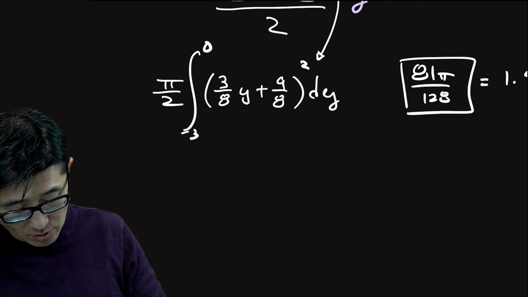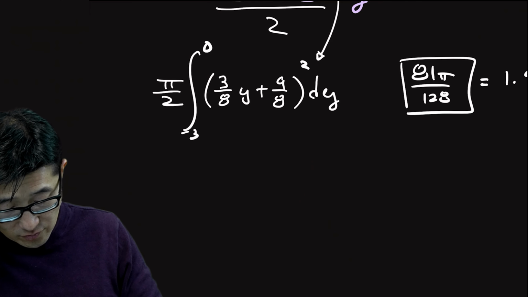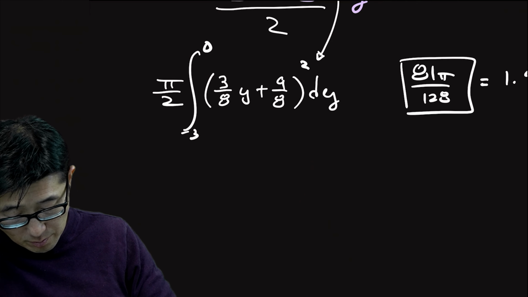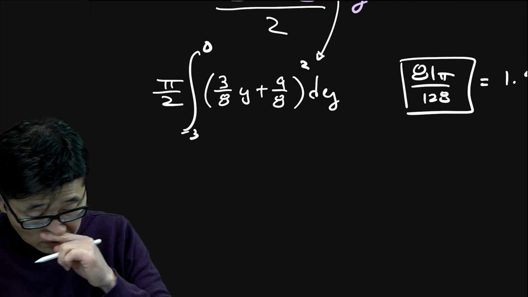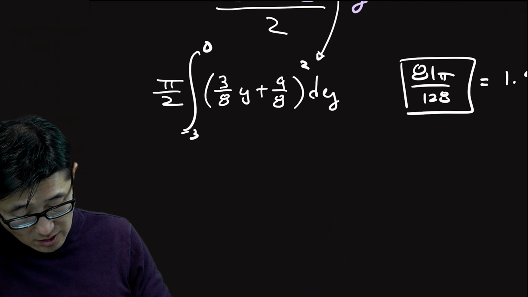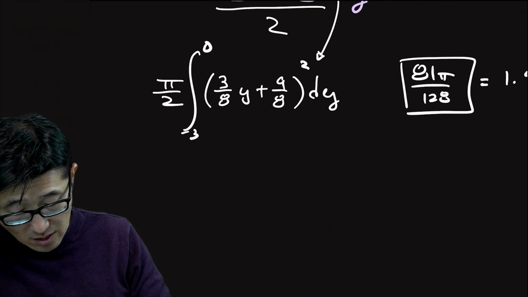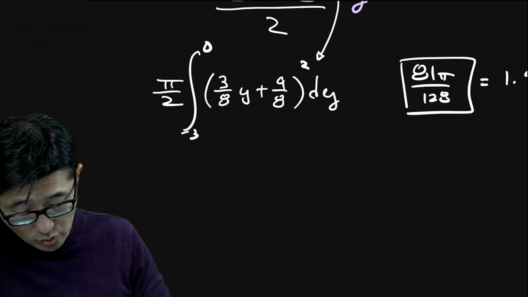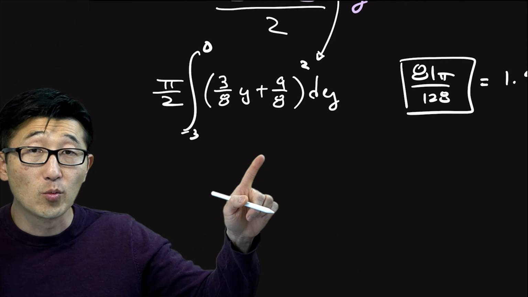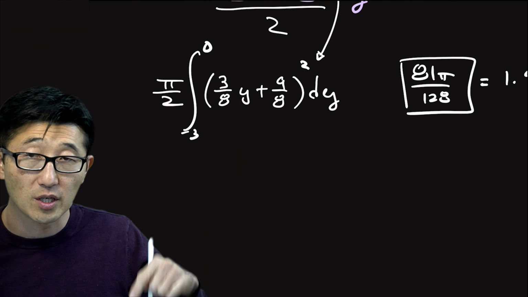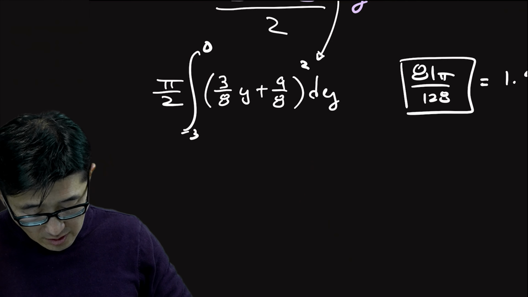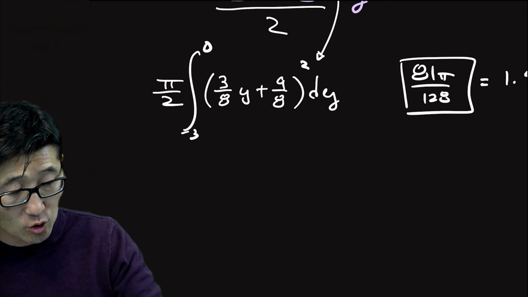I hit math or menu, go to option 4 for calculus, numerical integral, fill in my lower bound and my upper bound, use a parenthesis and write 3x divided by 8 plus 9 over 8. And then I need to raise that to the second power and square it and put x here. On paper we have everything in terms of y, but when you plug it into your calculator, you could just use x.